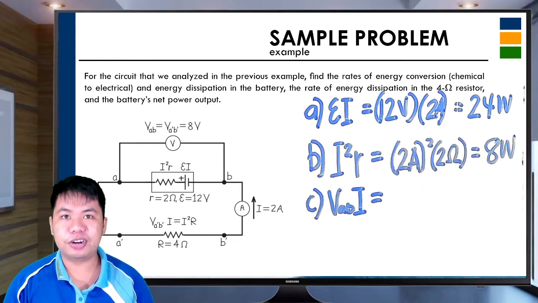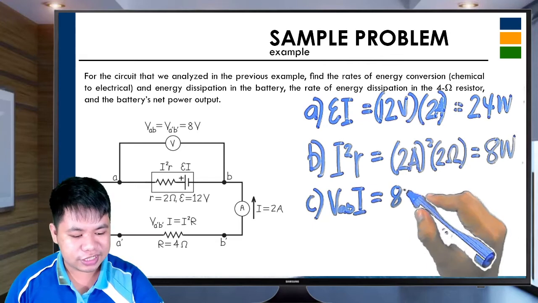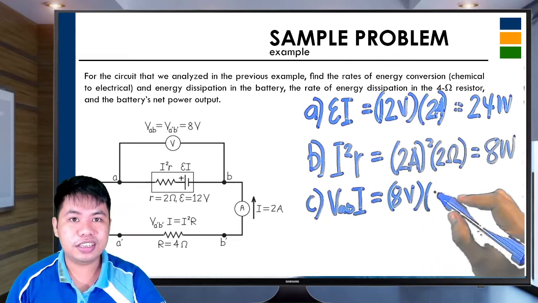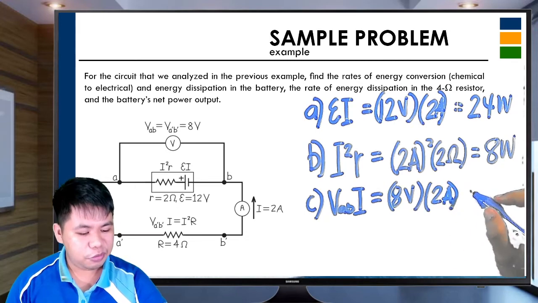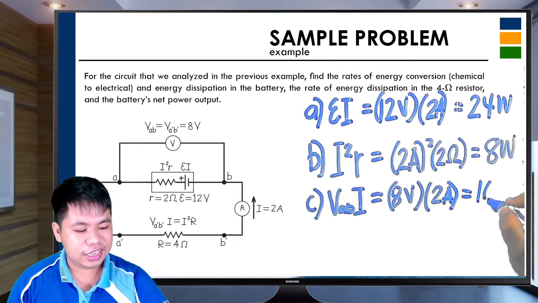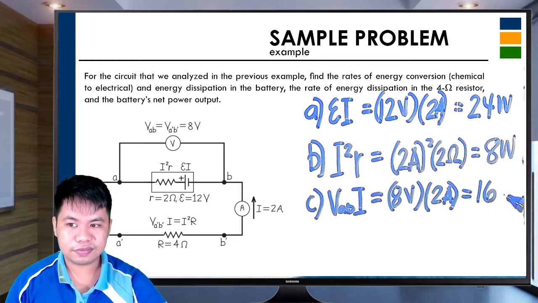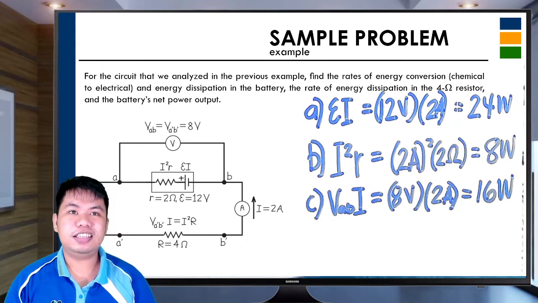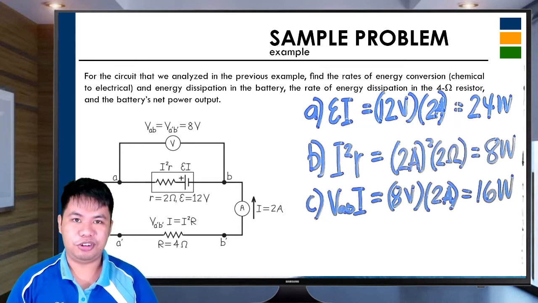We have VAB, which is 8 volts, times your current, which is 2 amperes. Then we have 16 watts. So this is the rate of energy dissipation in the 4 ohm resistor.